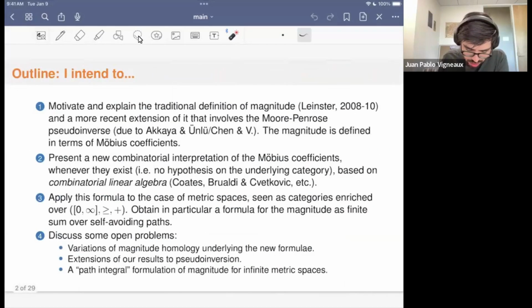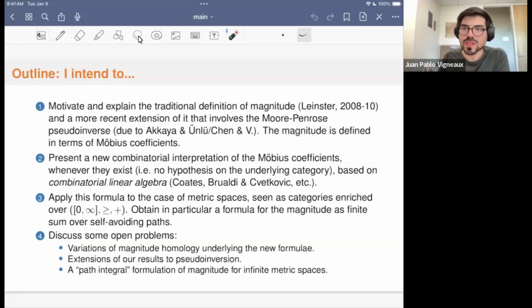So the outline of the presentation is the following. First, I want to motivate and explain the traditional definition of magnitude, as it was defined by Leinster, but also motivated by Rota's work in combinatorics, and a small reformulation of the definition that I introduced with one of my students, which was also introduced independently by people in Turkey last year.